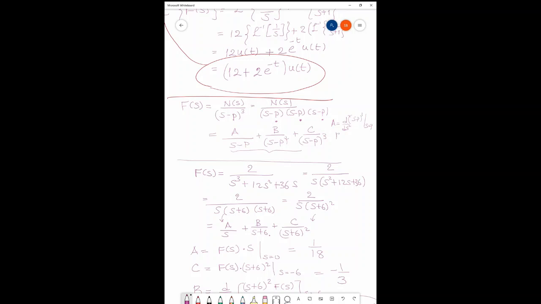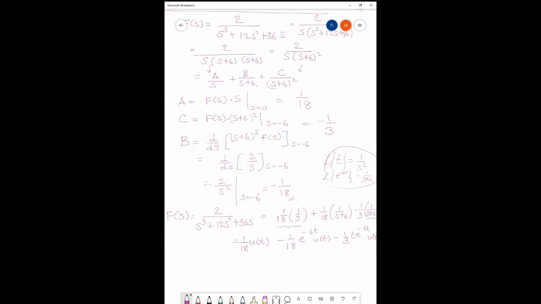Because this is two degrees less than the original, we are going to differentiate twice. For b, we are going to take just d per ds of f of s multiplied by s minus p the whole cubed. And for c, we just multiply f of s by s minus p the whole cubed and solve for s equal to p. For this one we are not going to differentiate because it has the same degree. For this one we are going to differentiate once. For this you are going to differentiate twice.